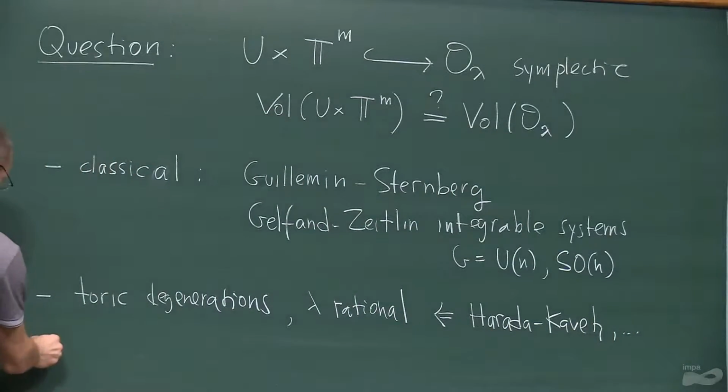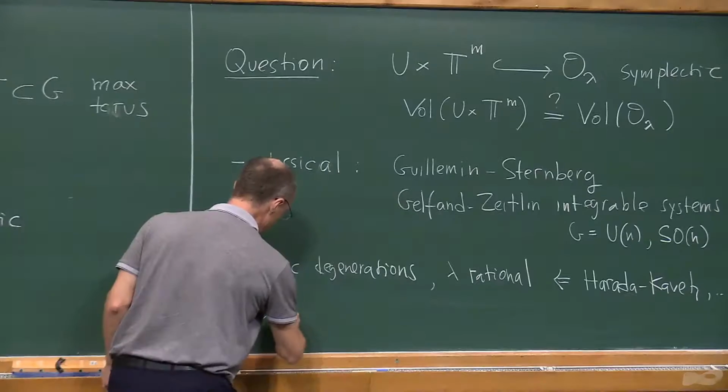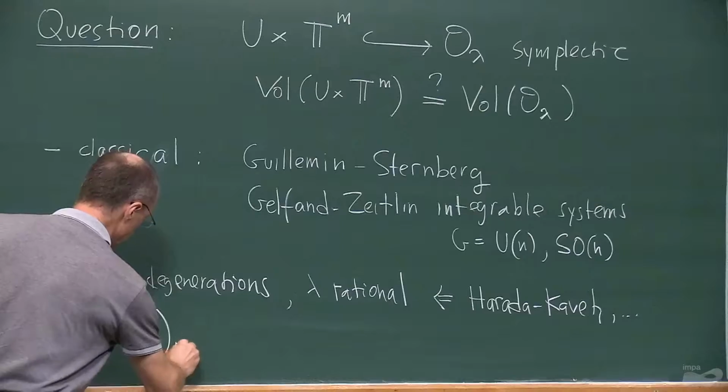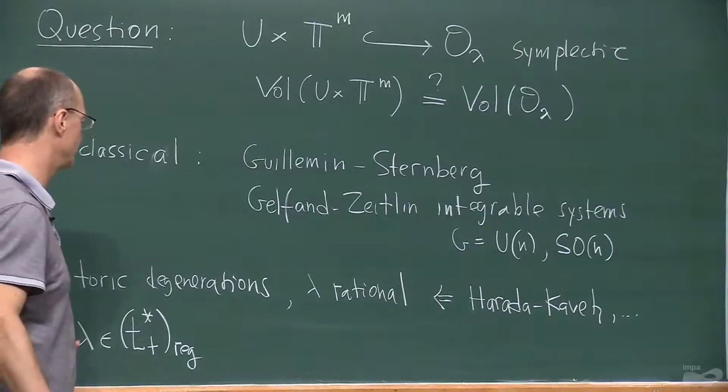And today I'll be talking about another technology which at the moment applies to lambda being regular elements of the Weyl chamber. So these are coadjoint orbits of maximal dimension, but probably it applies to other cases, but it needs more work.